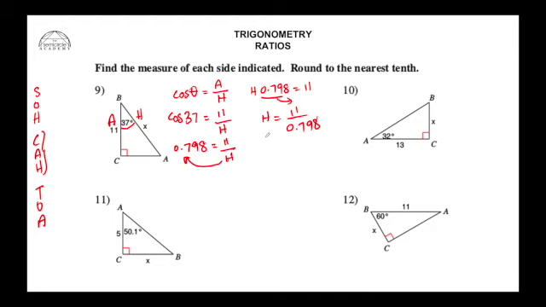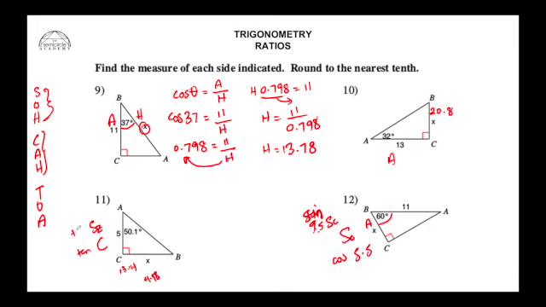So you can see some algebra is involved here, right? And 11 divided by 0.798 is 13.78. So h is equal to 13.78. And that is x, that is the hypotenuse, right? Okay, so both of you guys.